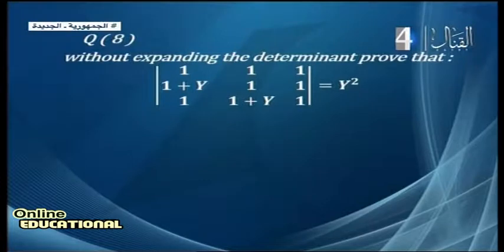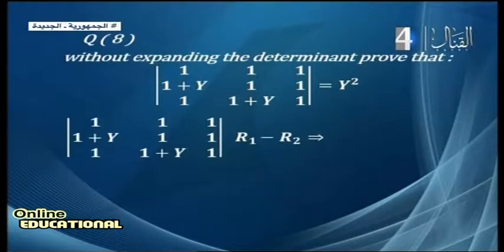Before we prove that, we know that for the determinant with first row 1, 1, 1, we first make the second and third columns start from 0. Then we use subtraction R1 minus R2.